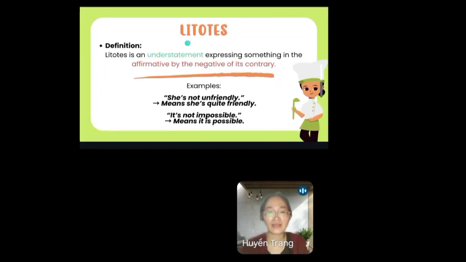Next, litotes. Litotes is an understatement expressing something in the affirmative by the negative of its contrary. For instance, she is not unfriendly means she is quite friendly, or it's not impossible means it is possible.